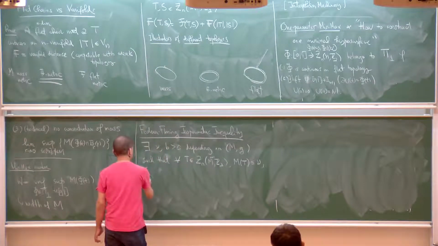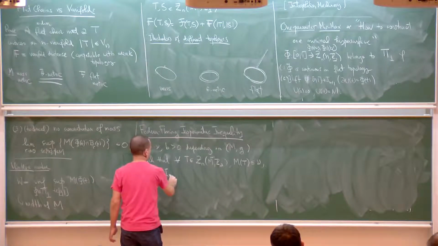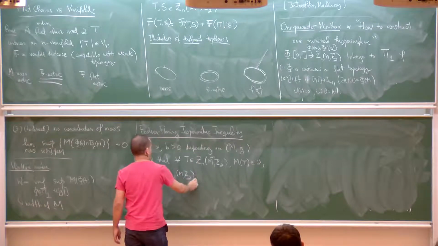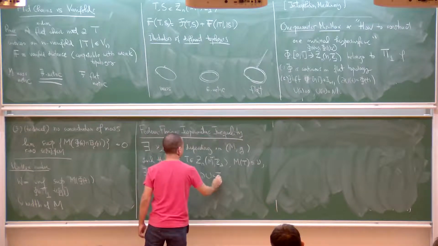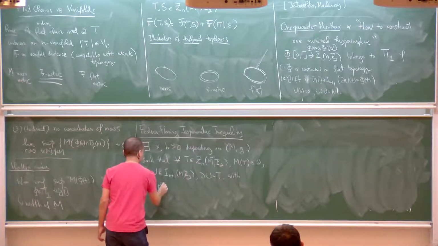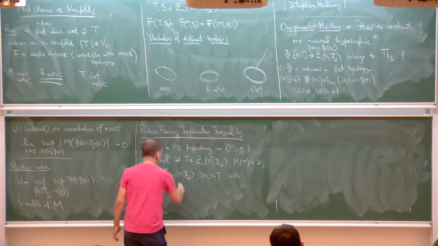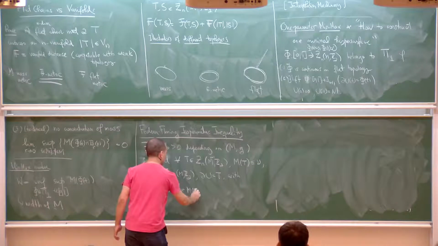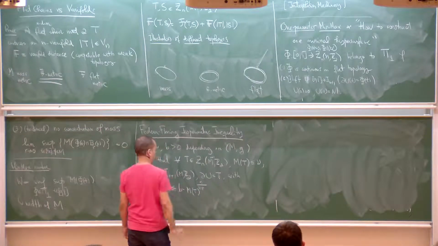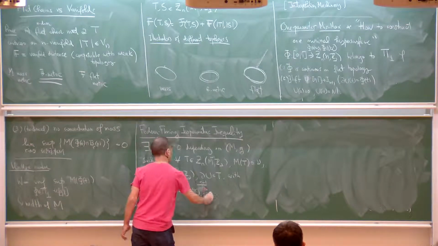I can find a top dimensional chain U, so I can find a filling, if you want, with boundary of U equals T and mass of U estimated by the constant b times the mass of T to the power n over n plus 1.